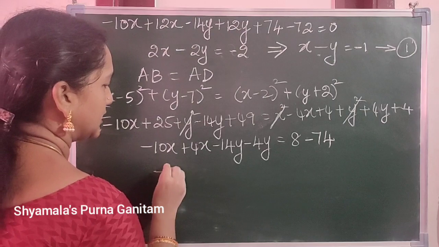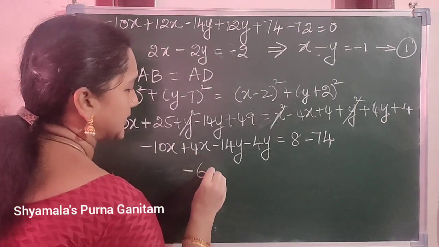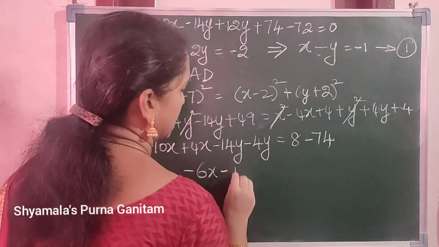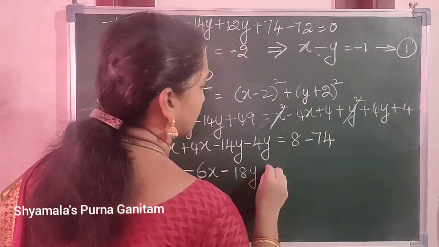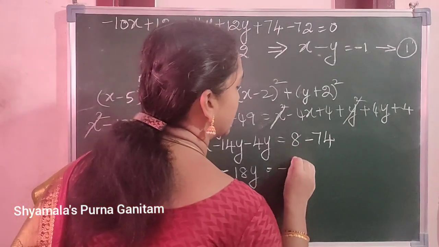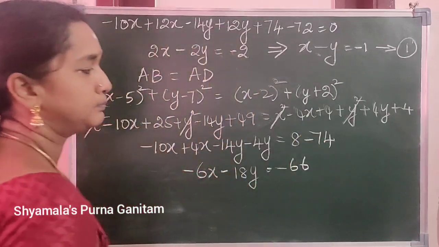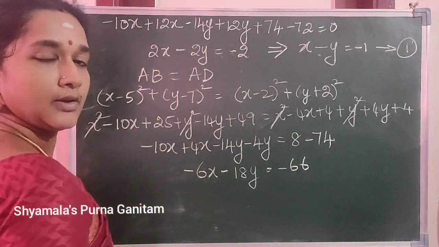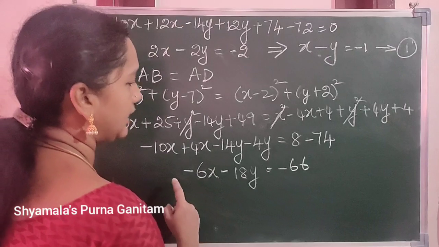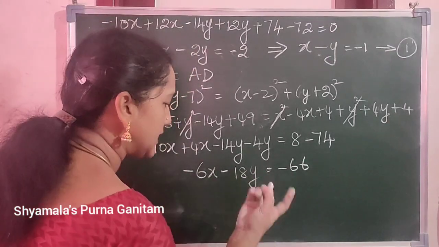Okay, so minus 10x plus 4x will be minus 6x, minus 18y is equal to 8 minus 74, which will be minus 66. Then on the whole I am dividing it by minus 6.